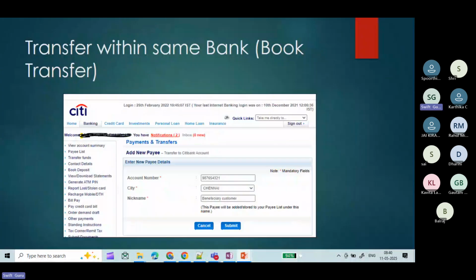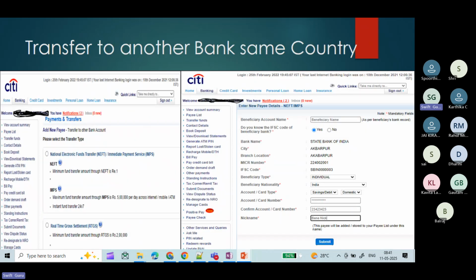This is a sample snippet of the net banking system of my Citibank, wherein if I want to make a fund transfer, it will ask whether I want to make a payment transfer within Citibank, to any customer holding an account across the country, regardless of whether it is the Delhi branch or the Mumbai branch. If it is within Citibank India, it is called a book transfer.